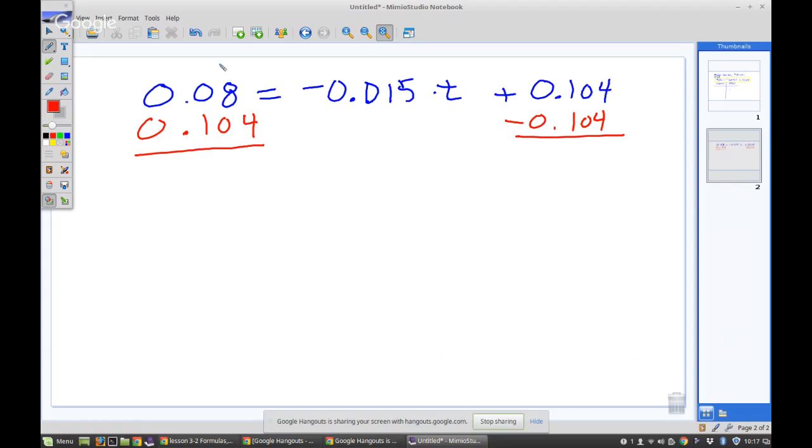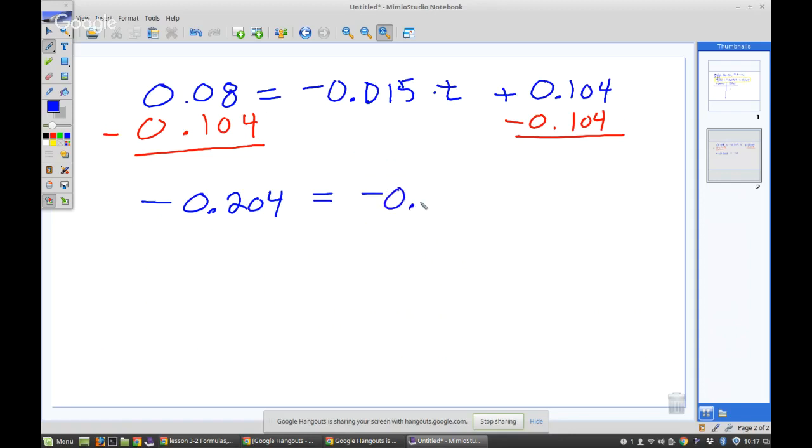And calculator is a great thing to use right now, so whip out a calculator. What happens if you do that subtraction there? We're going to get a negative something. 2.04? 0.204? Yeah, okay. So that comes out to negative 0.204.